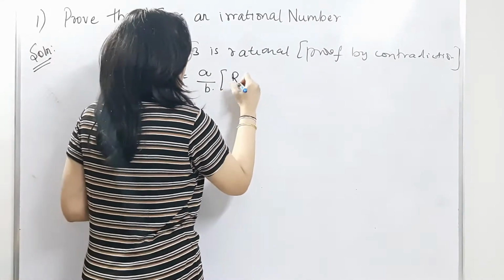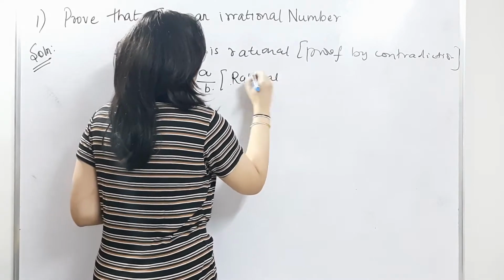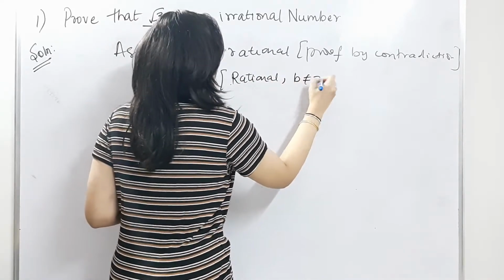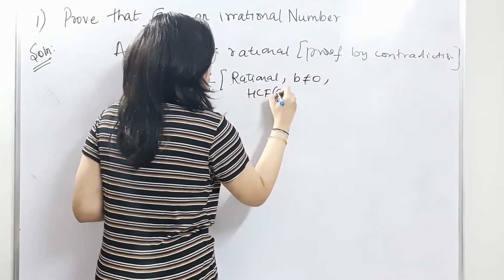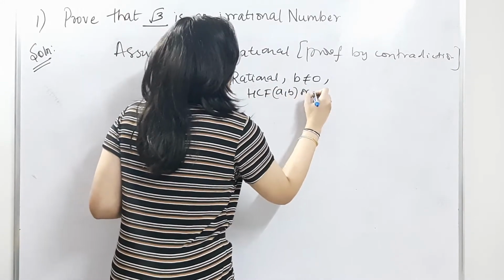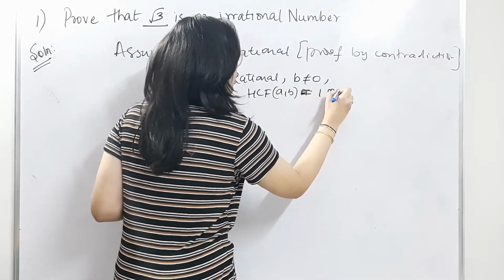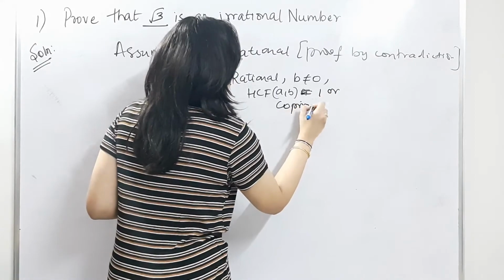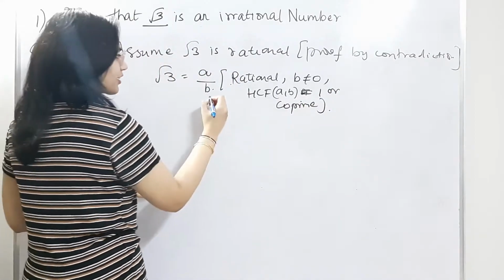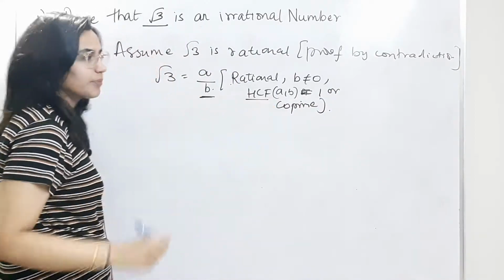It's because it's a rational number and B cannot be equal to 0, and there is a condition that HCF of A comma B is equal to 1, or A and B should be co-prime. That is, the common factor of A and B is 1.